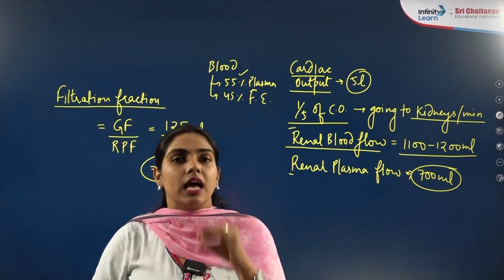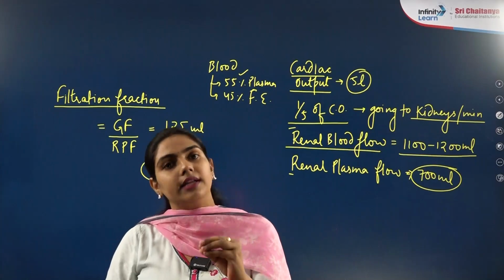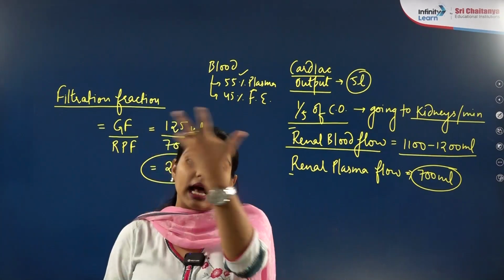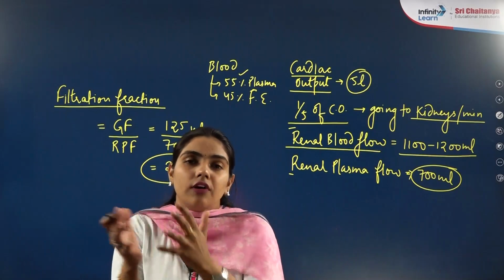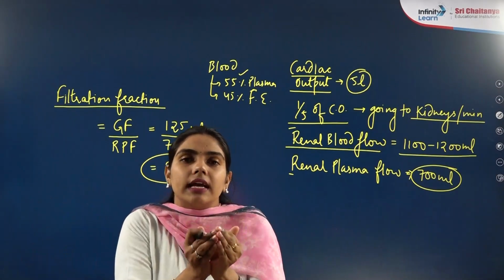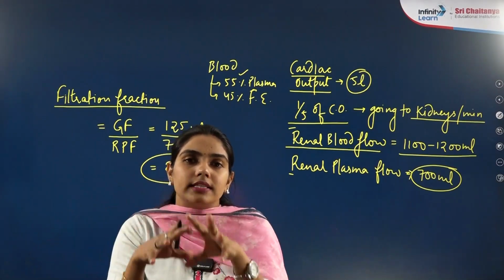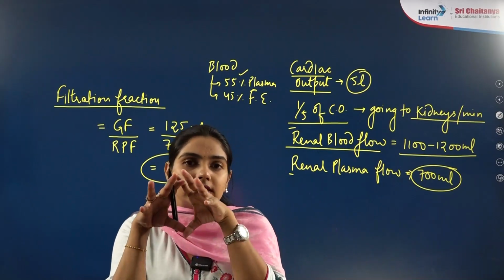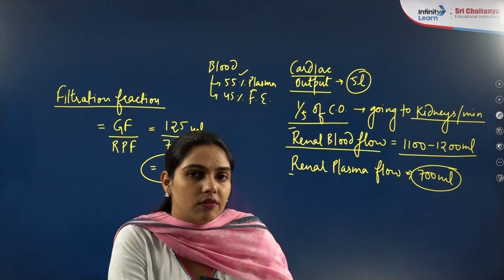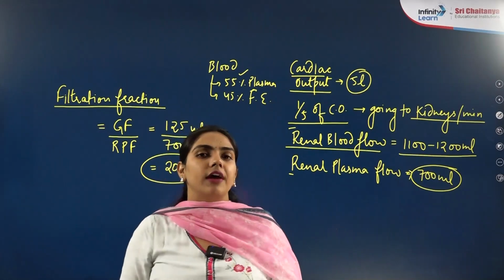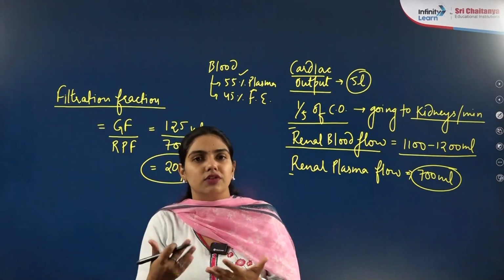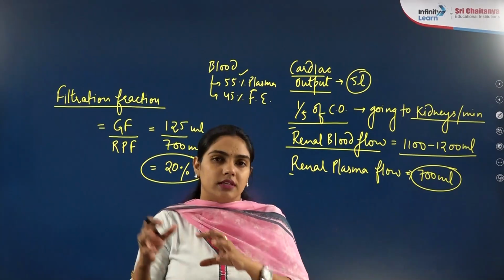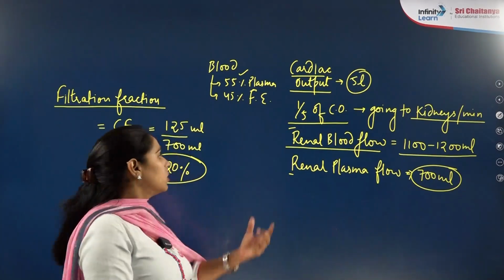It means how much glomerular filtrate is formed per minute divided by how much plasma is coming. Out of the total 700 ml of plasma per minute, 125 ml of glomerular filtrate is formed. That is the filtration fraction. How much filtration is happening? 20%, right? It will be equivalent to 20%.